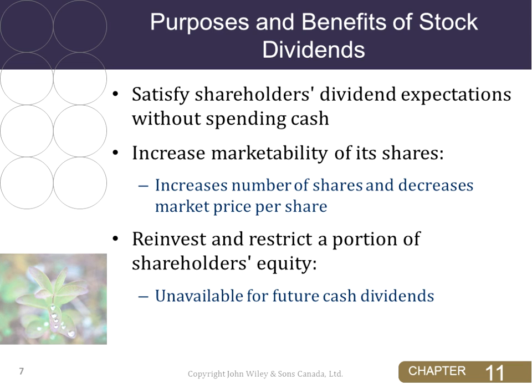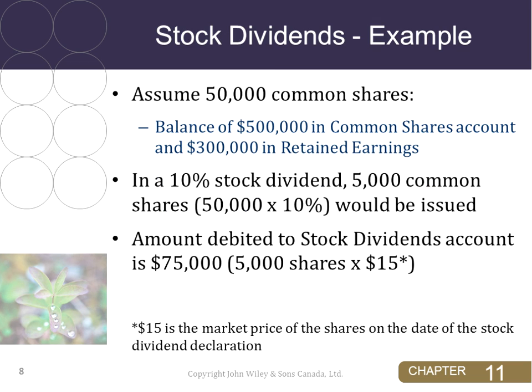It can increase the marketability of the shares because now we have more shares outstanding. And typically, based on supply and demand, if we have more shares, our market price per share should decrease. It'll also restrict a portion of our shareholders' equity. So again, we can pay out some of our retained earnings in this form instead of paying it out in cash.